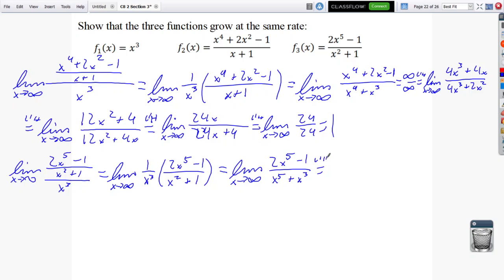Which, by L'Hopital, is 10x fourth over 5x fourth plus 3x squared. It looks like I'm going to have to do this three more times here. L'Hopital: limit x approaches infinity of 40x cubed over 20x cubed plus 6x.